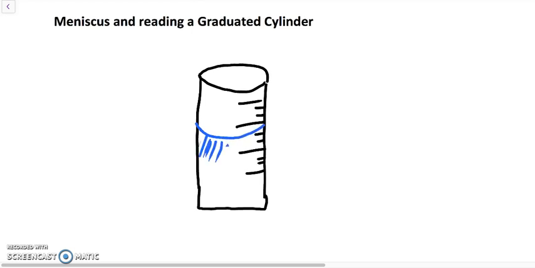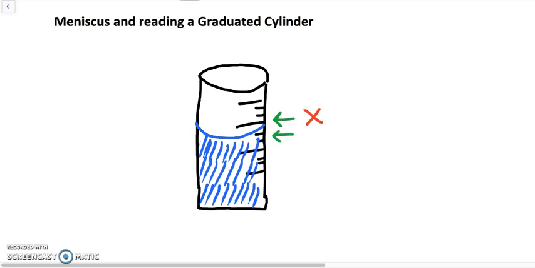So this is my water. And to read this, we don't read it here. We have to read it where that dip is. So approximately right here, this is where we would read it. And we call this point the meniscus. So read volume here.